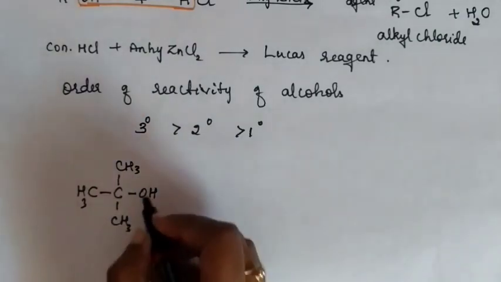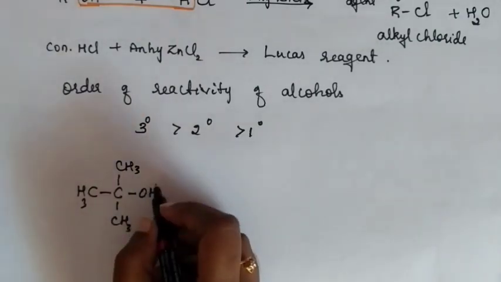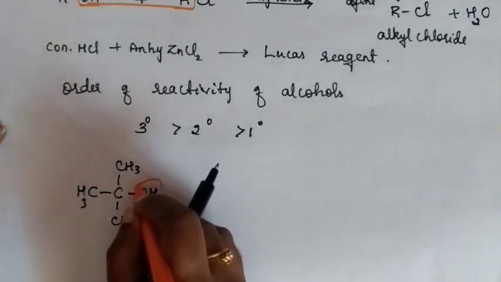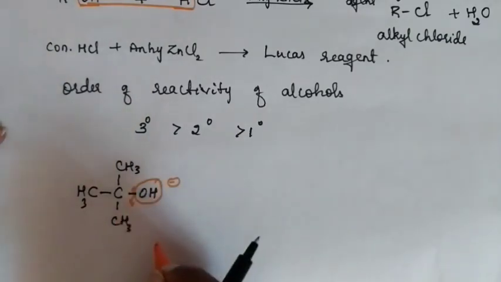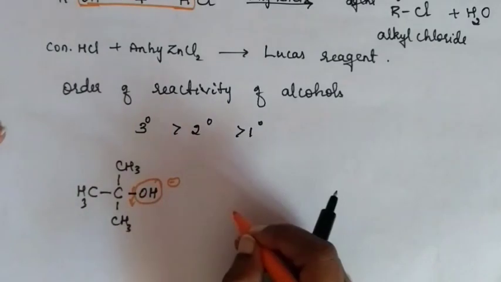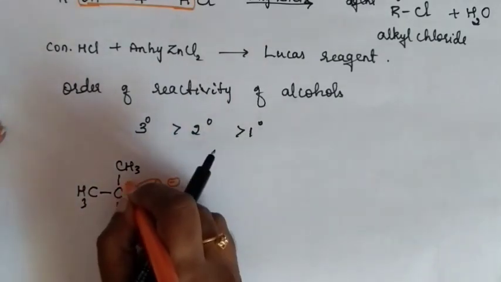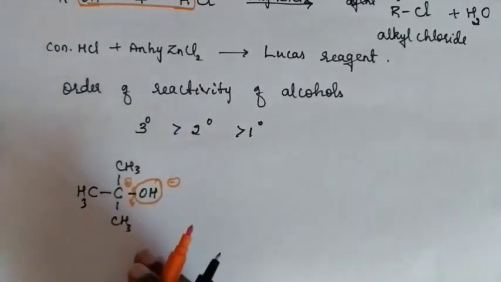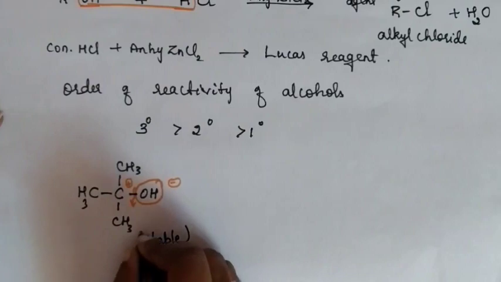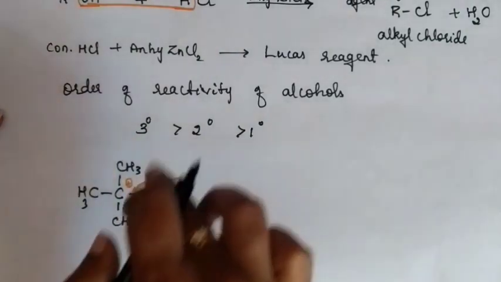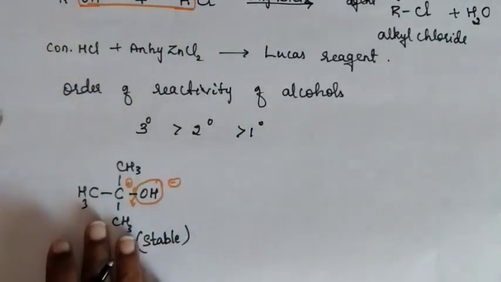Here the alcohol OH group is going to act as a nucleophile, that means negative charge. When you break this bond, this OH minus will be removed, and what is left out? C plus, which means it is a carbocation. The tertiary carbocation is very stable, since when the bond breaks, it forms a stable carbocation.